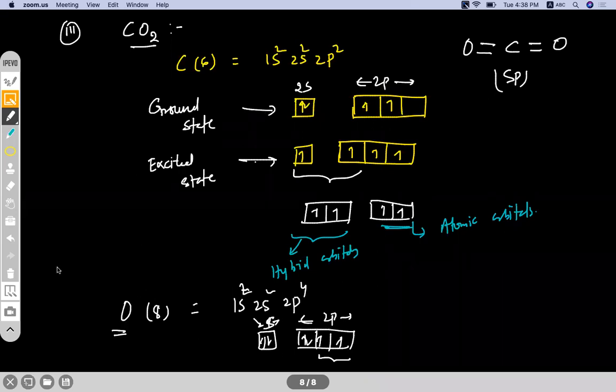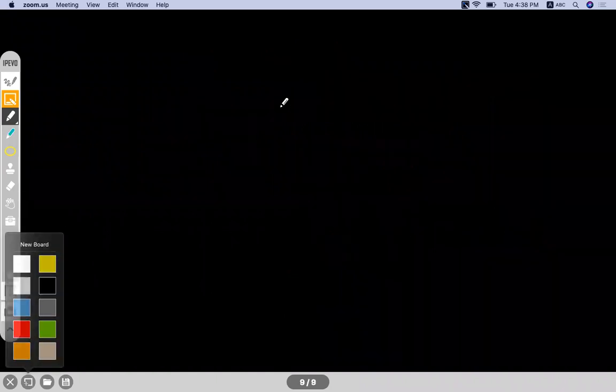This is for carbon. Now let us draw the orbital diagram. For carbon, there are 2 sp hybrid orbitals, right?